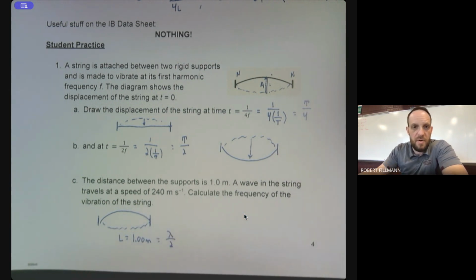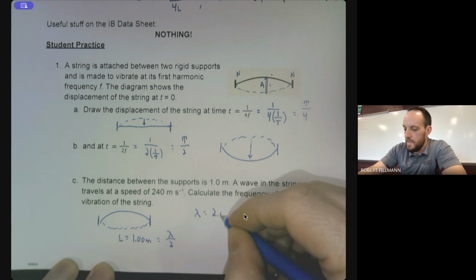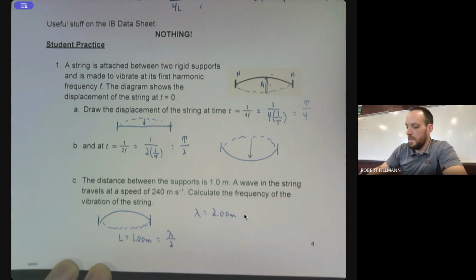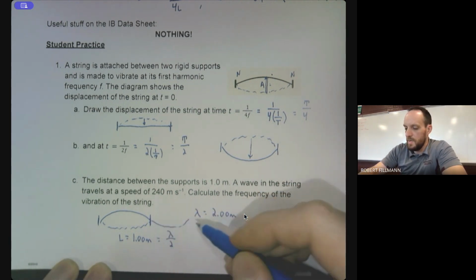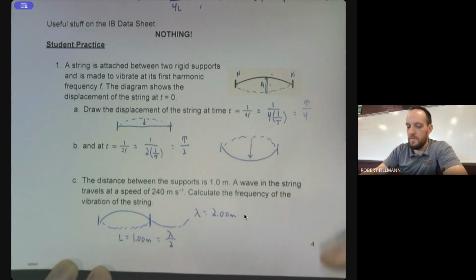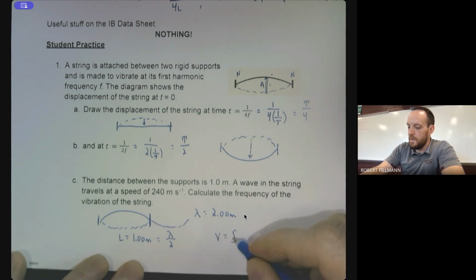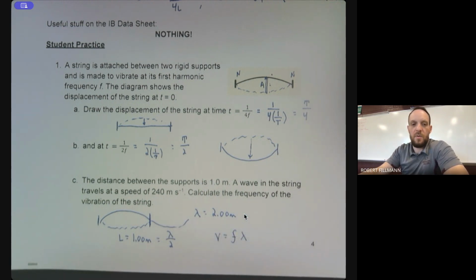I don't have both a crest and a trough at the same time. So that's half of a wavelength, and the whole wavelength has to be 2 meters long. In other words, the rest of the wave over here would be a crest and a trough. We only get half of a wavelength fitting in there. And then once I know how long the waves are, I can use my wave speed equation to figure out the frequency of the vibration.